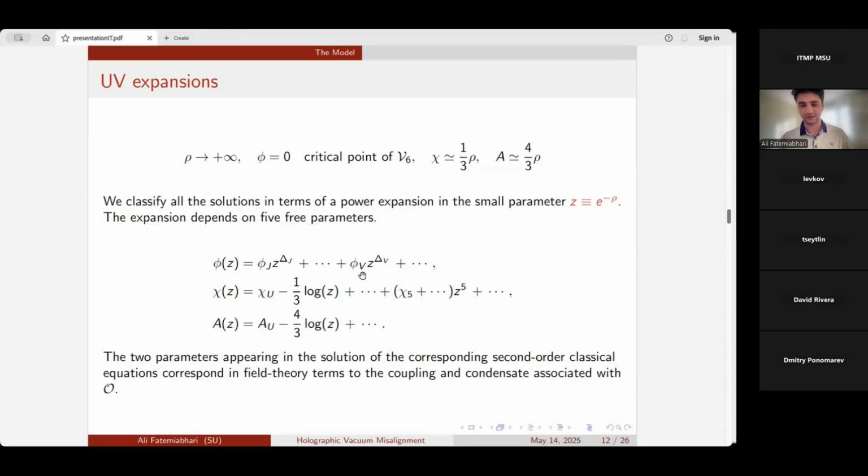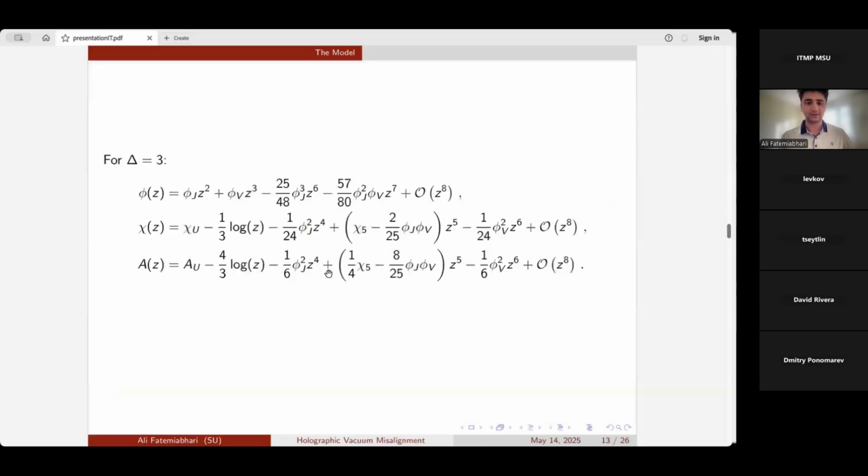One, phi_J, is the source for the dual operator, and phi_B is the associated condensate. The explicit form of this expansion depends on delta, case by case, and each case needs to be done separately. For example, for delta equals 3, the expansion looks like the following, with all of the terms given in terms of phi_J and phi_B, etc.